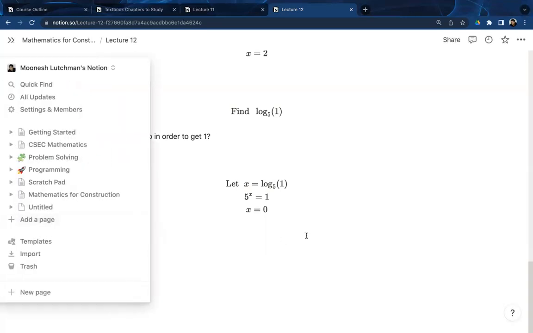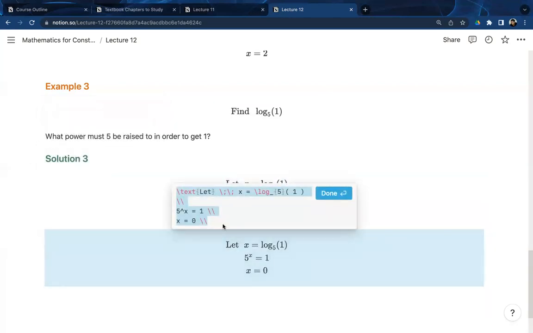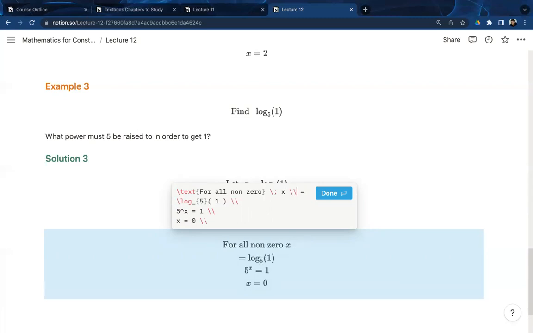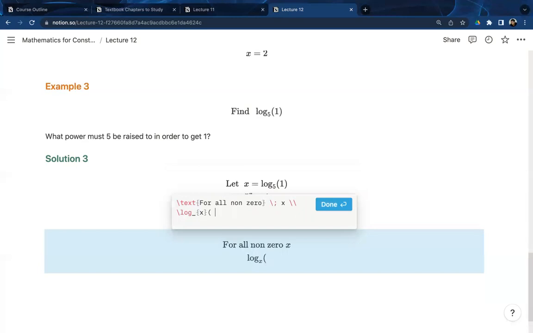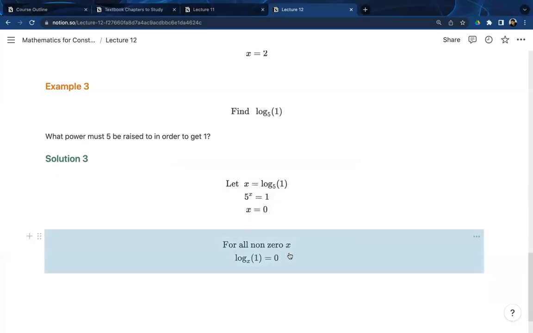So I could actually say, for all non-zero x, no matter what the base is, once it's not zero, log of 1 is 0.